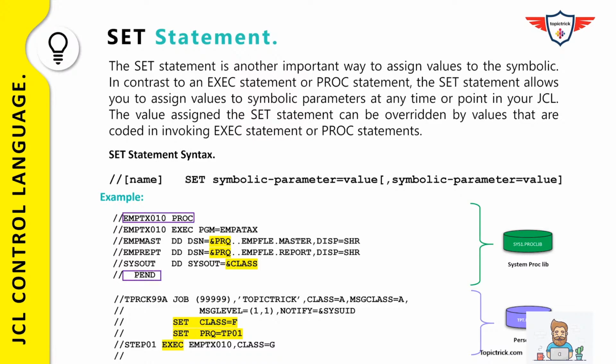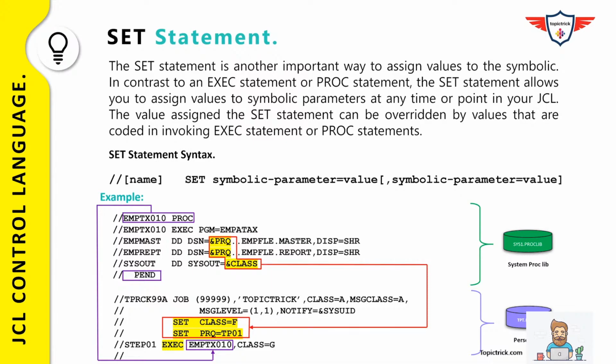And if you notice STEP01, which is actually an EXEC statement to invoke the catalog procedure EMPTX010, on this step I've also specified the symbolic parameter CLASS equals G. Now in this situation, the value of the CLASS parameter specified on the EXEC statement is going to override the value specified with the help of the SET statement. This is an important point and you should always remember that.